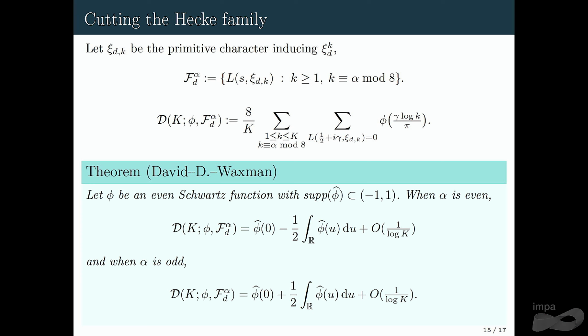So we separate according to classes modulo 8, and then what we obtain is that in the family, the one-level density associated to this family of powers in some class modulo 8 is of symplectic type if the power is even, and it is of orthogonal type if the power is odd.